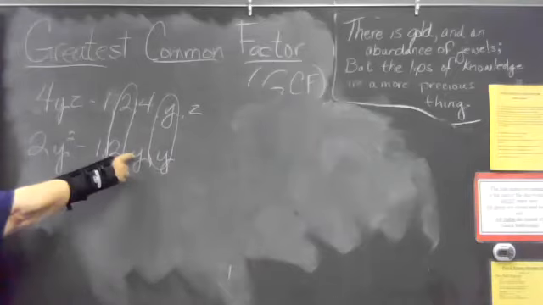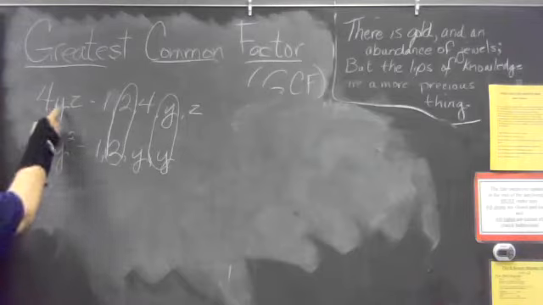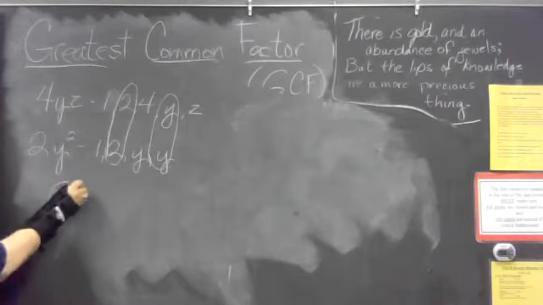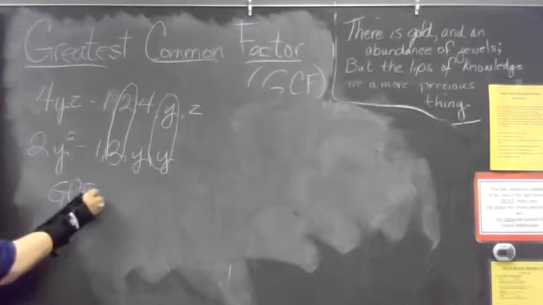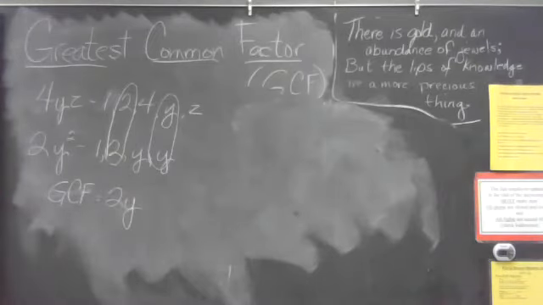Do you see there's not a common here? So the greatest common factor here is going to be 2y. Because that's the biggest thing that you can divide out of this and divide out of that.